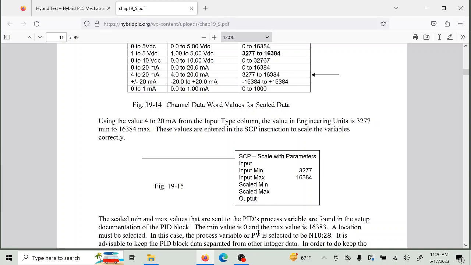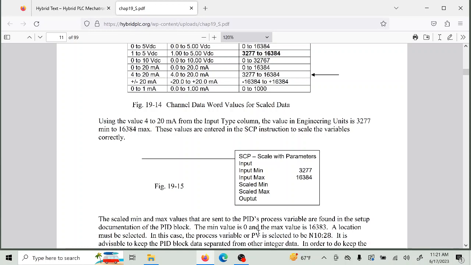Now, in cases of integer math, if it's 90 gallons per minute, you don't want to use 90, because you only have 0 to 90, so you only have one part in 90 parts to control. So with integer, instead of 90, I'm going to say 9,000. It would be like an implied decimal point, so you would have your number in hundreds of gallons or something like that. That's the difference between integer and floating point PID blocks.